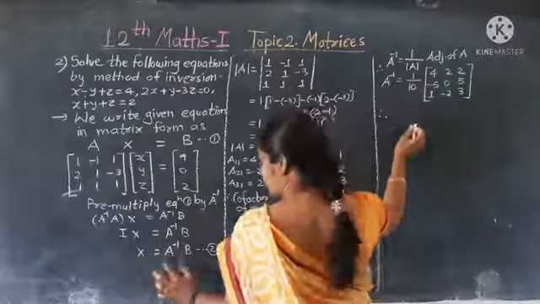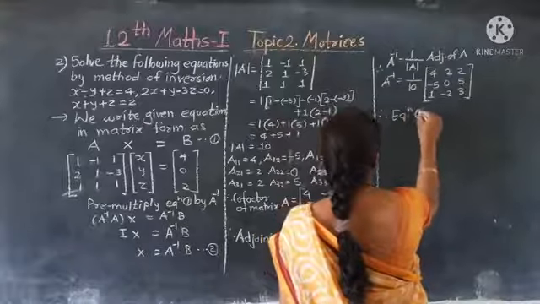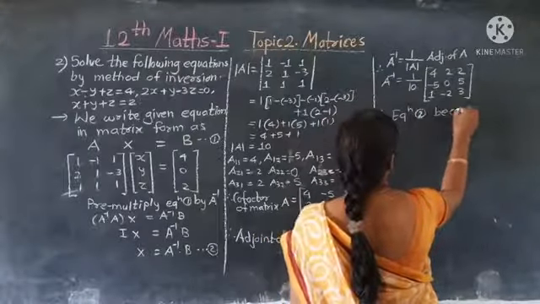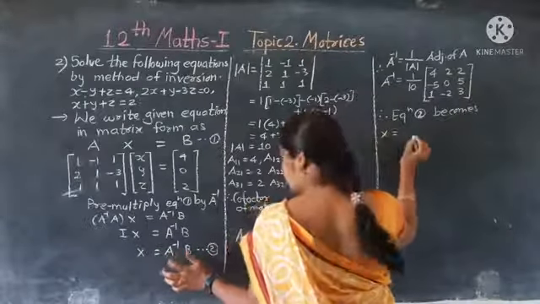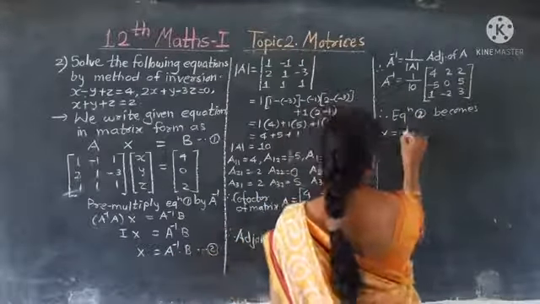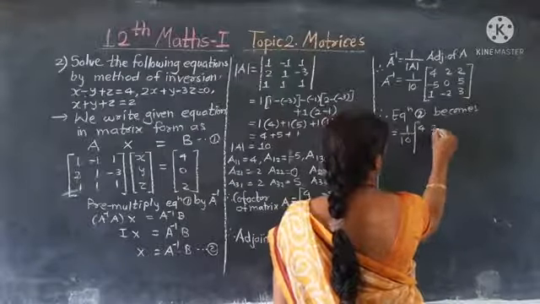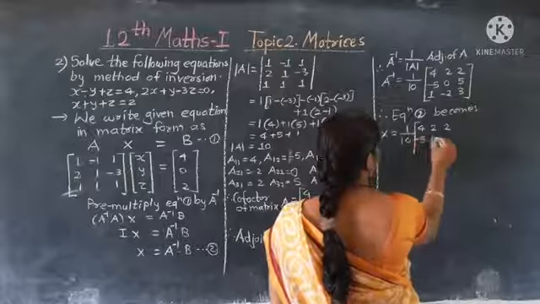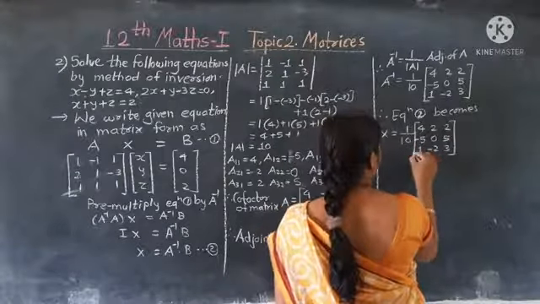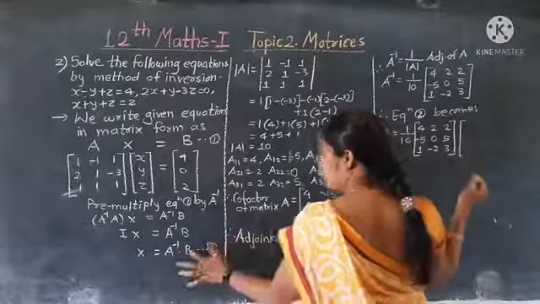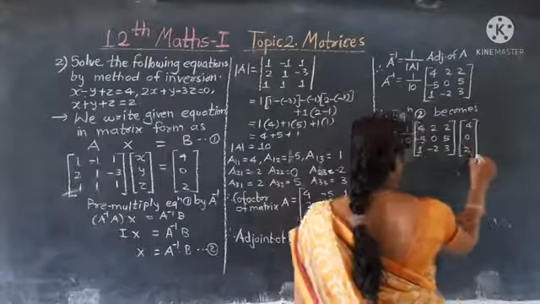Therefore equation 2 becomes, what is equation 2? X is equal to A inverse into B. A inverse is 1 upon 10 into matrix 4 minus 5 0 5 1 minus 2 3. And what is the matrix B? B matrix is 4 0 and 2.